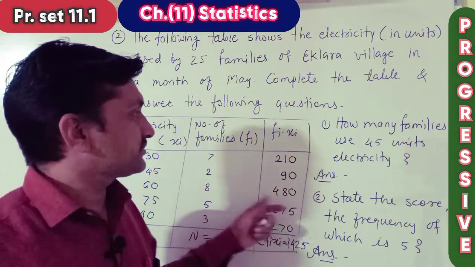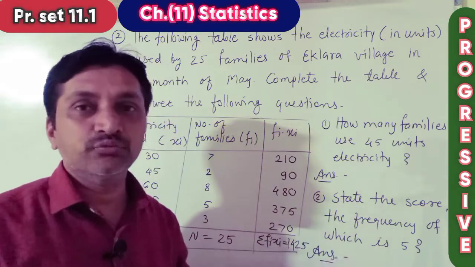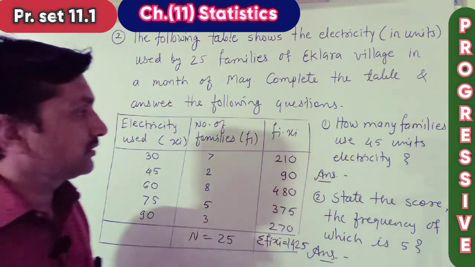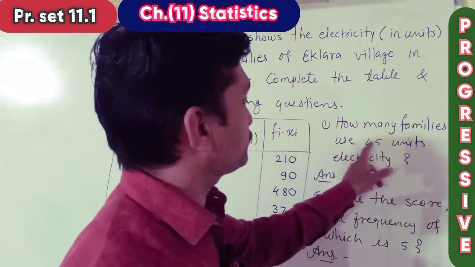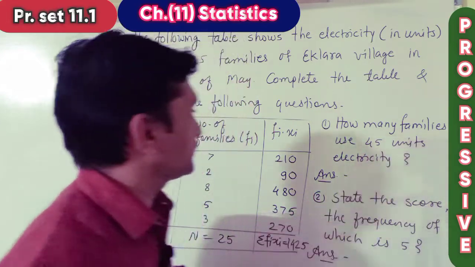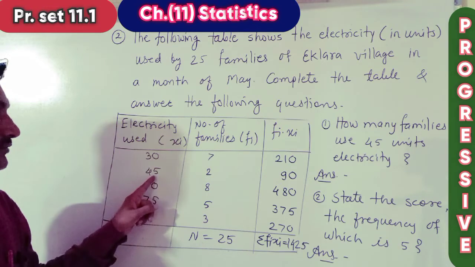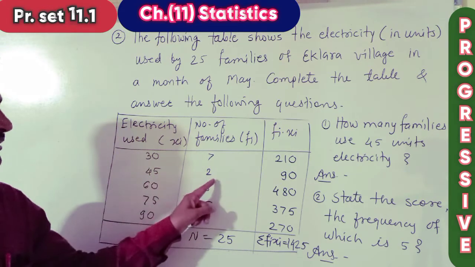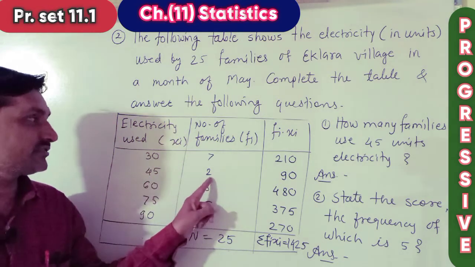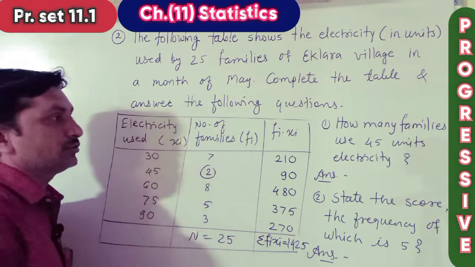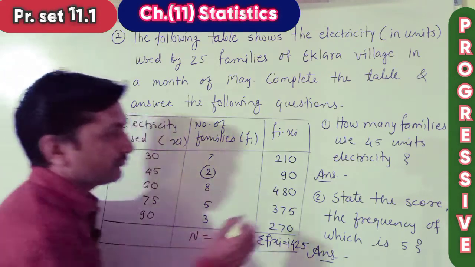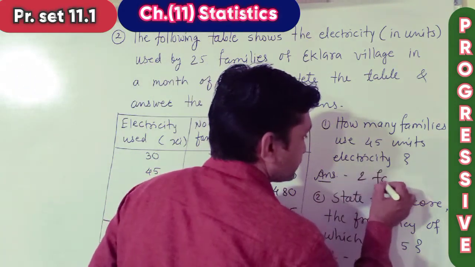Now based on this table, some questions are asked, and we have to write their answers. How many families use 45 units electricity? Now 45 units is here. How many families use 45 units? The answer is 2 families.